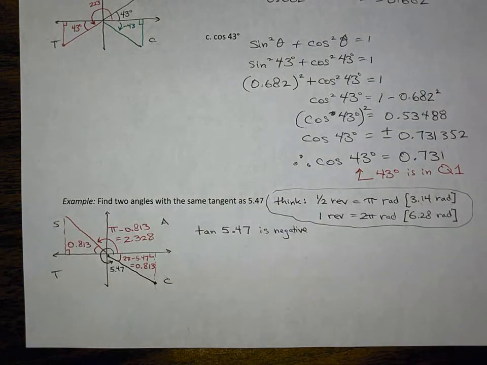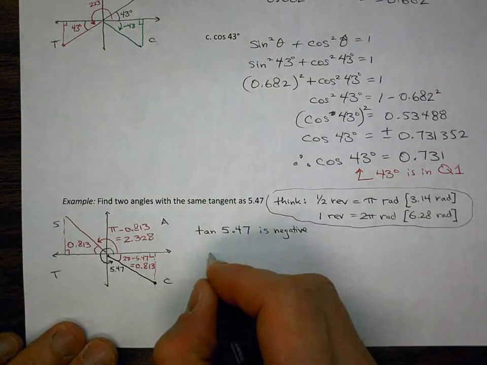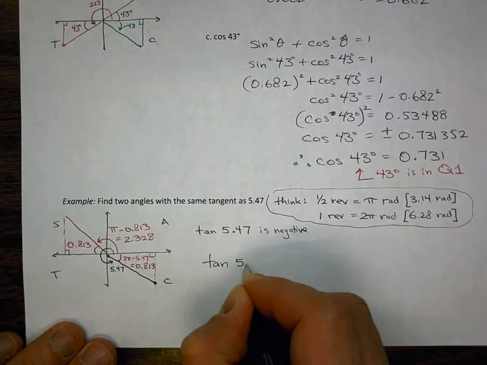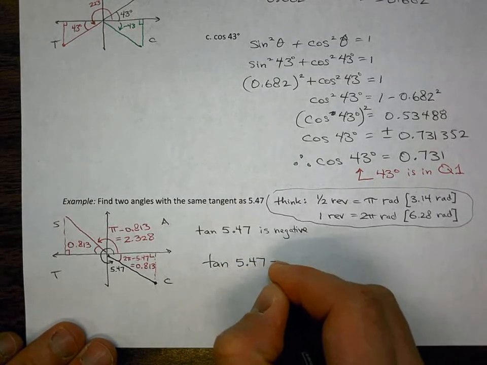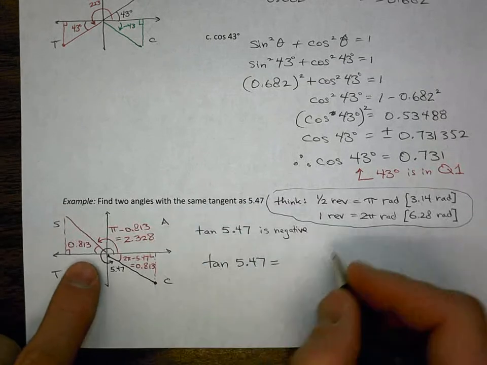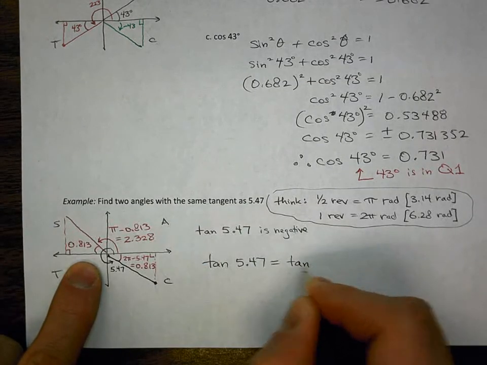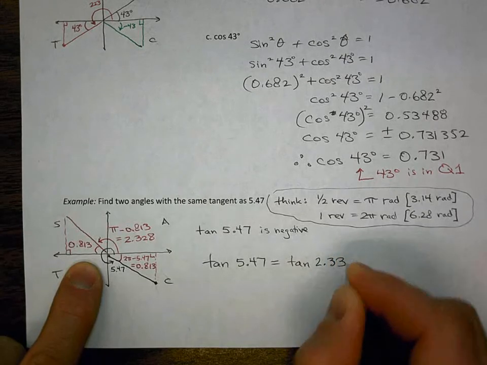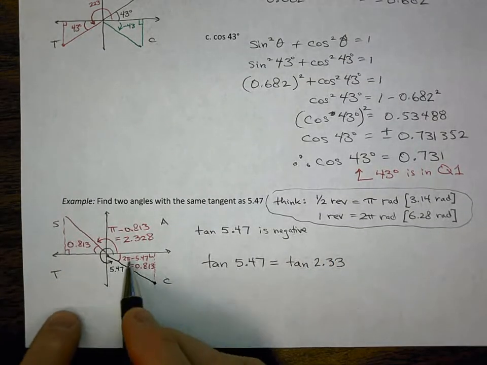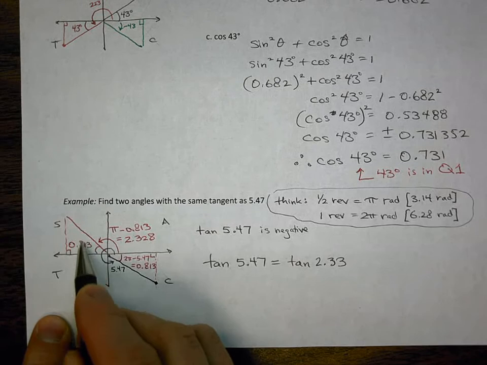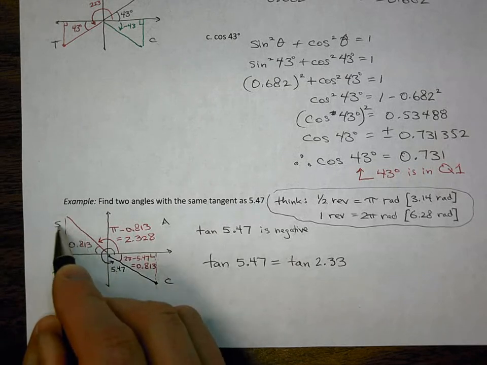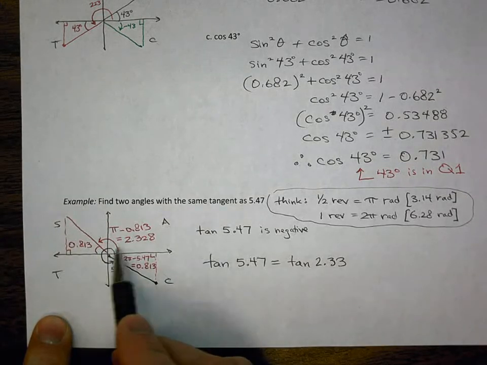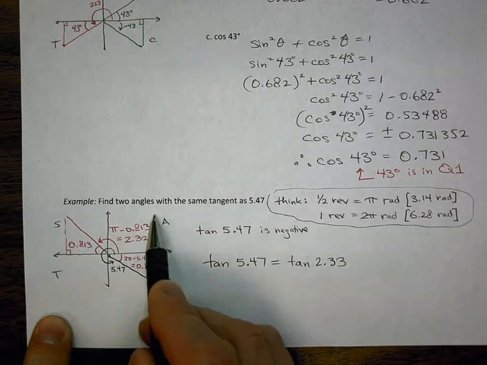Anytime you want to talk about times when the tan of this angle is negative, well, you could have tan of 2.33, because then that's going to put the terminal arm in here, the same related angle, and tan is negative here. I can't do tan of 0.813 because then tan will be positive.